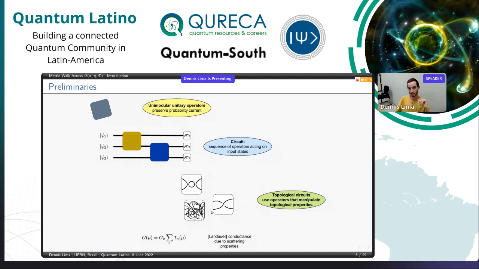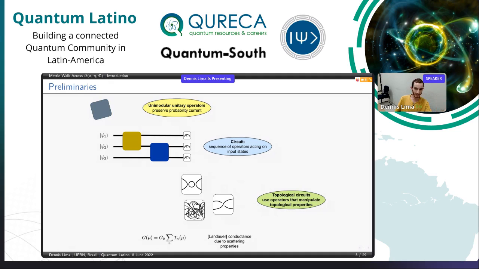So we're interested in using the braid group and braid generators like this one. But in real life, we are manipulating several states, states like anyons, like Professor Julia said, some of them are many-body states, a phenomenon that occurs due to many-body interactions.